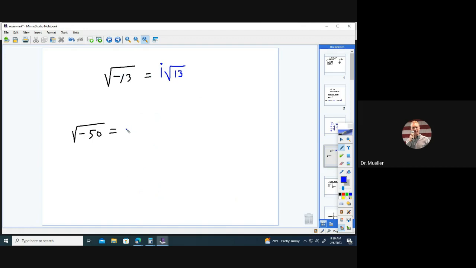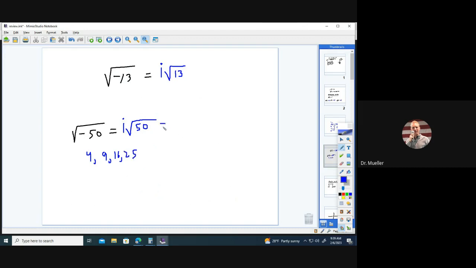Now this one, when we do that, we put the i in the corner, and we get i square root 50. But we can simplify the square root of 50, right? There's a perfect square that goes in there. We go through our list of perfect squares again. 4, 9, 16. And then we get the one that's the biggest perfect square, which is 25.